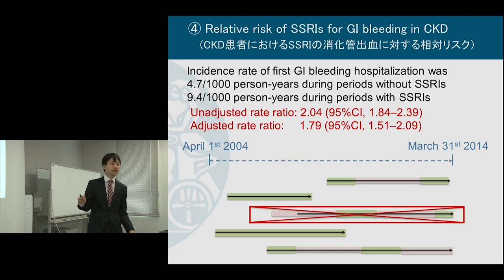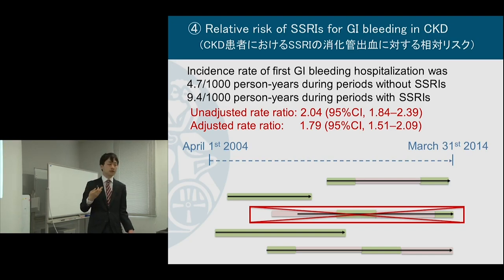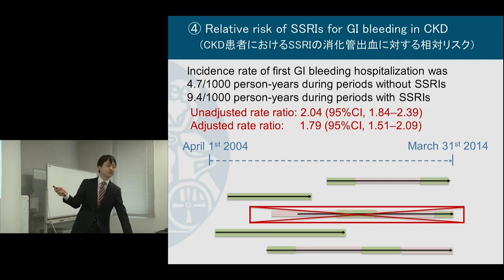I also adjusted for time-dependent confounding factors like NSAID use, or warfarin, or aspirin, or anti-acid drugs to protect the stomach. And this was 1.79. So I interpret this as: during periods with SSRI, the relative risk of GI bleeding was 1.79.